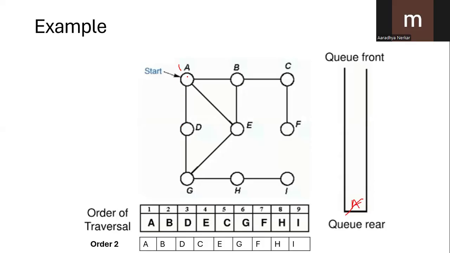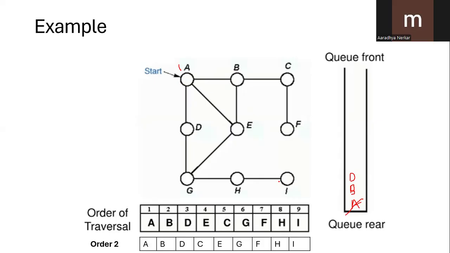After that, we will check all the adjacent vertices of the dequeued element. The adjacent vertex of A is B, and that is not yet visited. So that is enqueued in the queue. And the second is D. Okay.